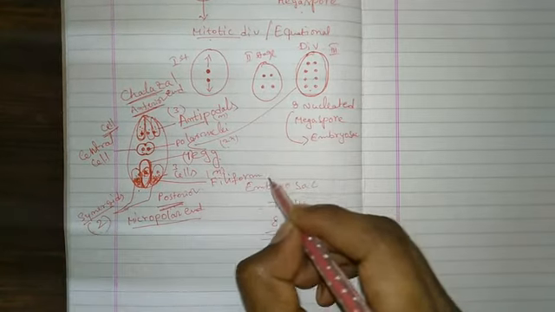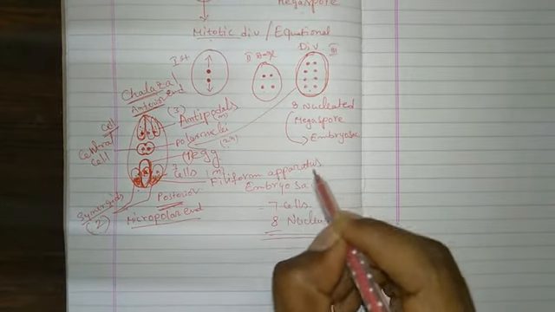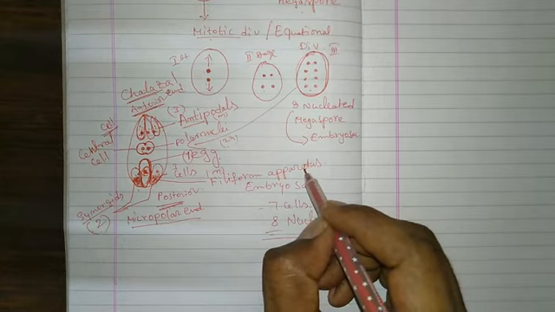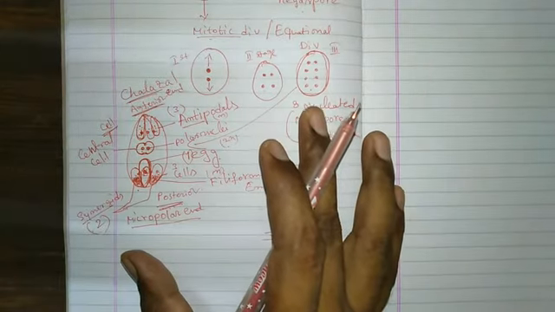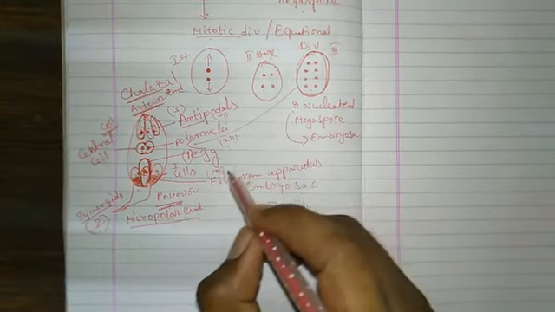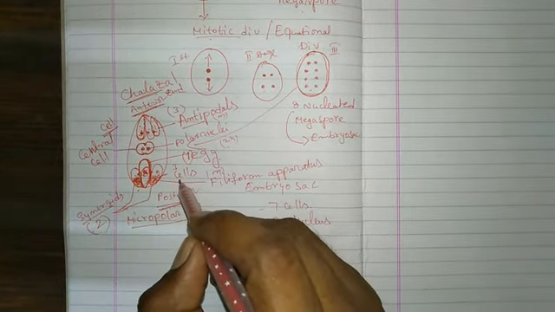What is its use? The filiform apparatus is very important, and it plays an important role in guiding the pollen tubes into the synergid. That is the role of the filiform apparatus.